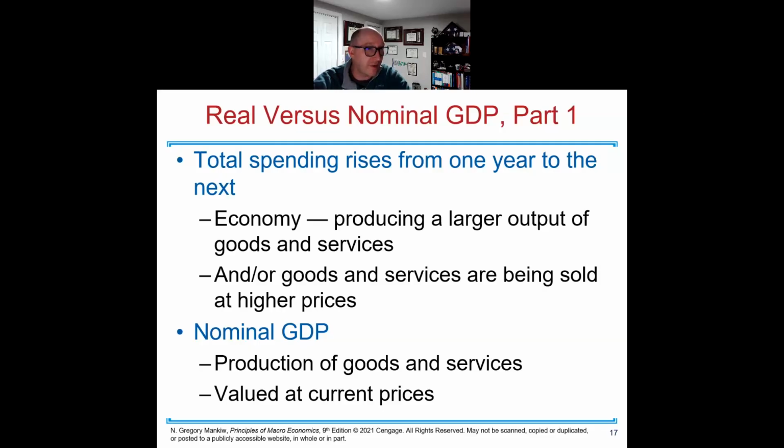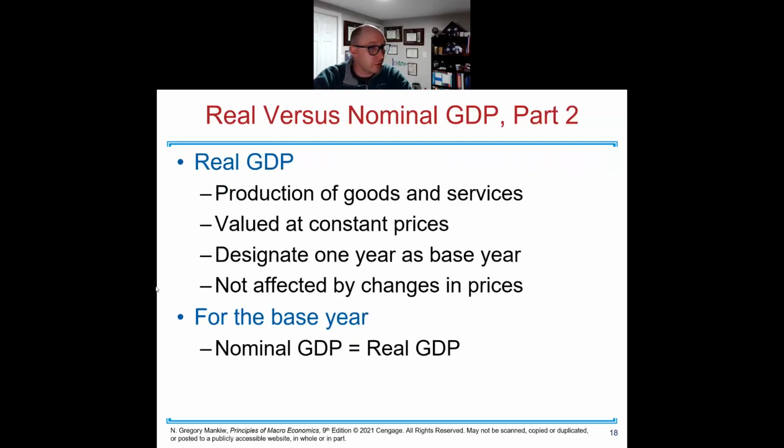The real. Real is value, nominal is current. So real gross domestic product, we look at production of goods and services valued at constant prices. Looking at the value, valued at constant prices.